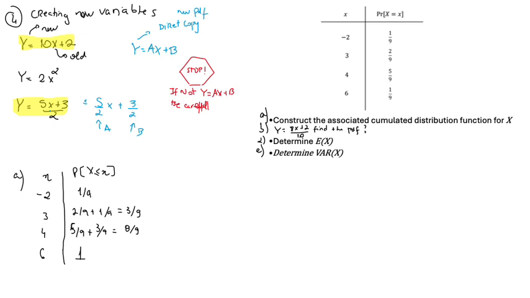The PDF for y will have, in the first column on the left-hand side, the values that y can assume, and in the other column, the probability of your random variable taking on the value of y. So how do we start doing that?